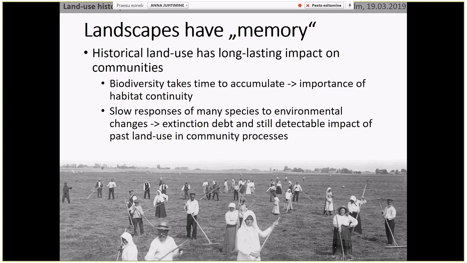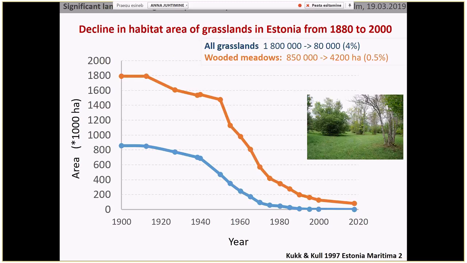And even if the changes have not been so big, we can still detect the impact of past land use in current communities. I will show some examples of what I mean. Of course, these notions have very significant implications for conservation. We actually need to consider historical aspects more in our conservation.